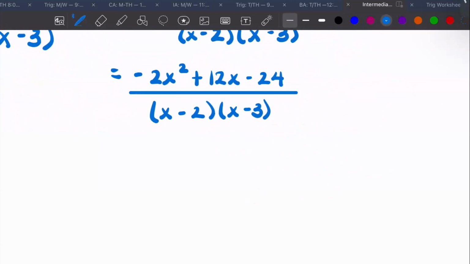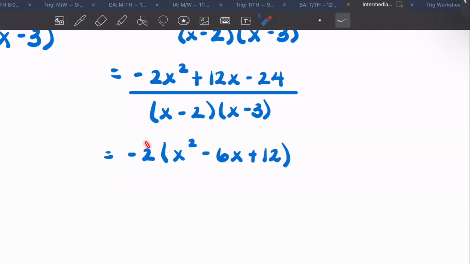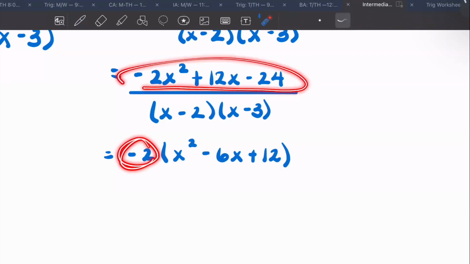Okay, we can take out a negative 2 and get x squared minus 6x minus 12 or plus 12. Okay, so we took out a negative 2 from our numerator, right? So that means all of our signs had to change.